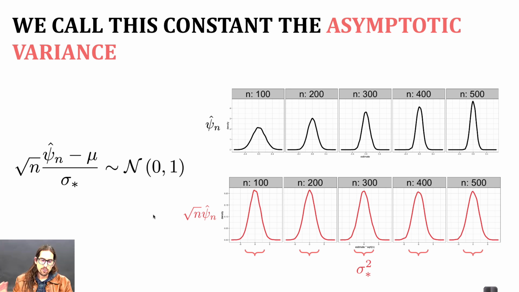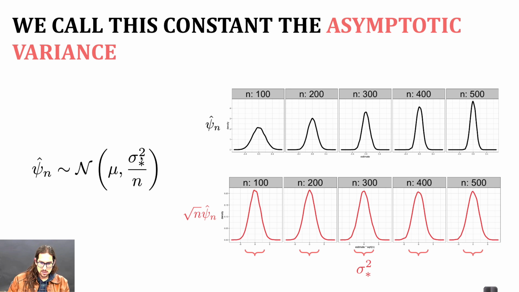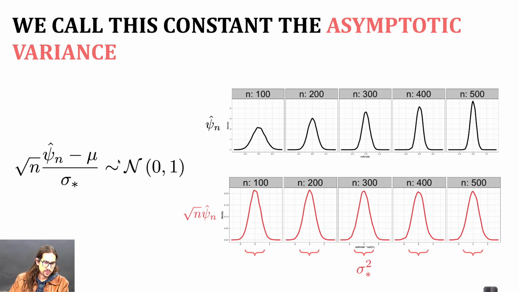Or another way of writing this: if you subtract the mean and then pull out the variance and divide things, you can also write it like this. So you'll often see this where you'll have root n times the difference between your estimator and its mean, divided by this asymptotic standard deviation, is a standard normal.